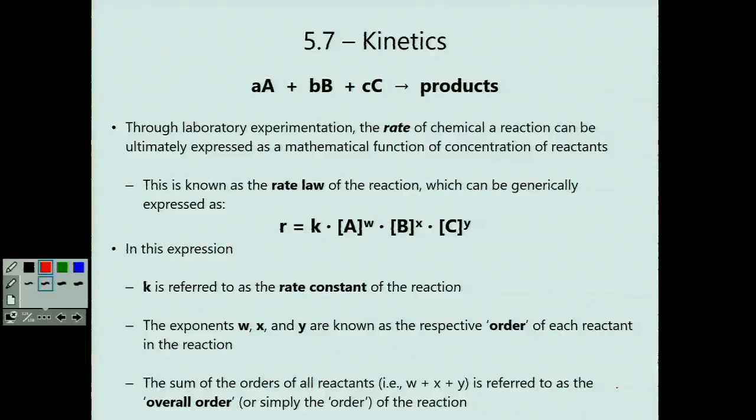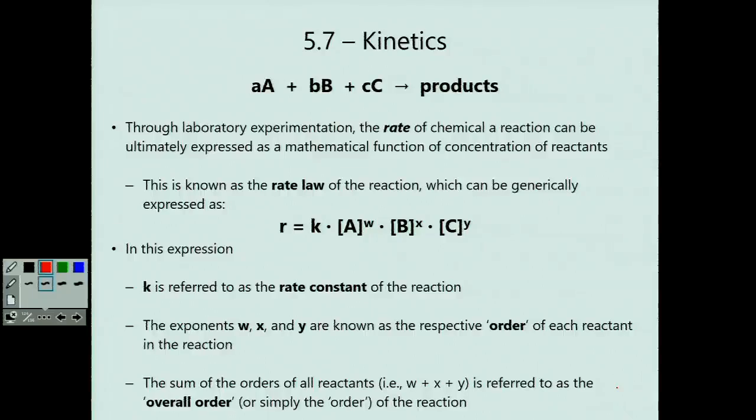It's because there's no relationship whatsoever between the stoichiometric coefficients of the substances in the balanced reaction and their contribution in terms of exponent value in the rate law of that same reaction. This is why you cannot predict anything. You have to go into the lab and do the experiment and figure out how does this reaction depend on A, B, or C, regardless of its participation in the net reaction.